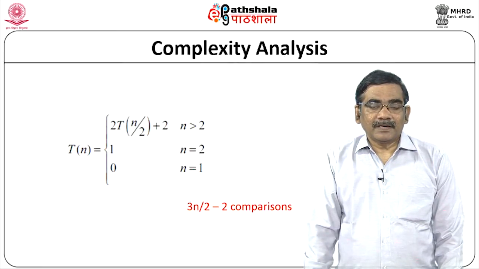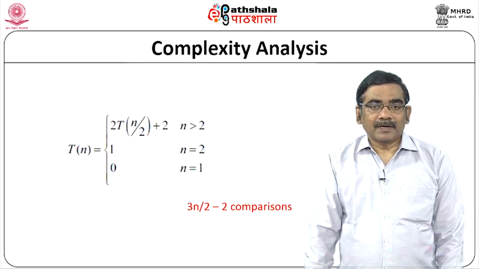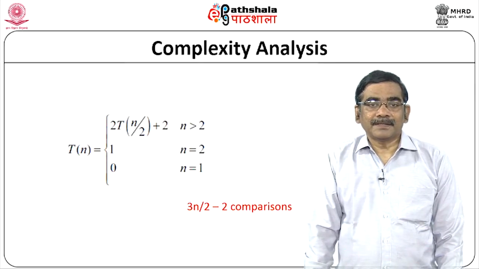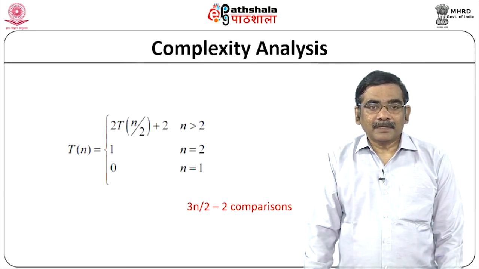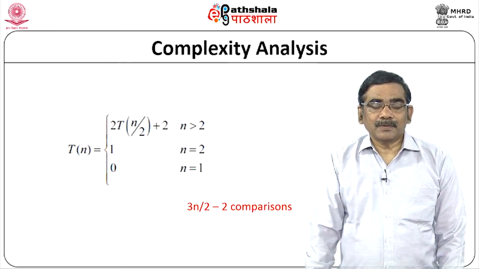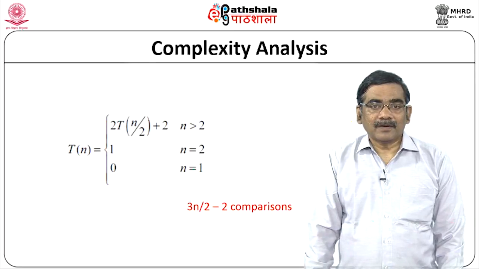Therefore, T of n is equal to 2T of n by 2 plus 2 for n greater than 2. It is going to be 1 if n is equal to 2, and 0 means there is no need for any computation. If you solve this, it gives the complexity of 3n by 2 minus 2 comparisons, which is approximately order of n.